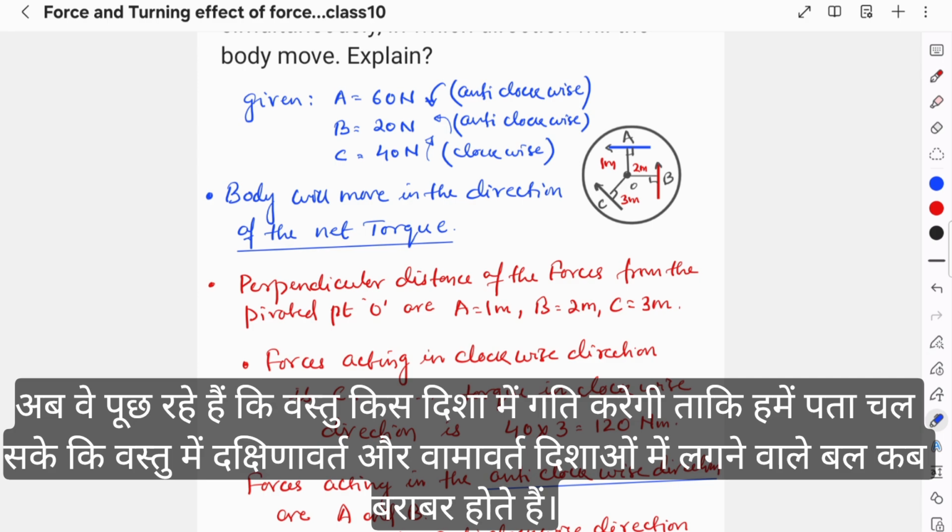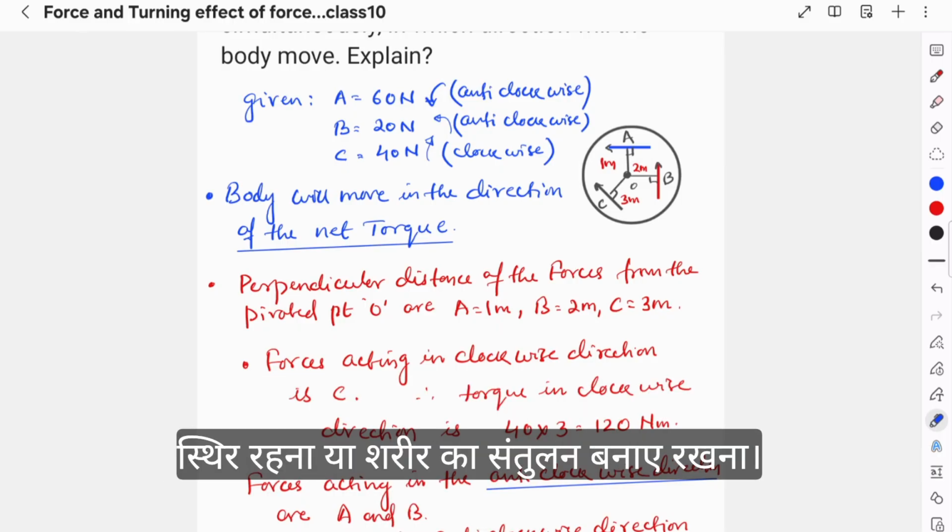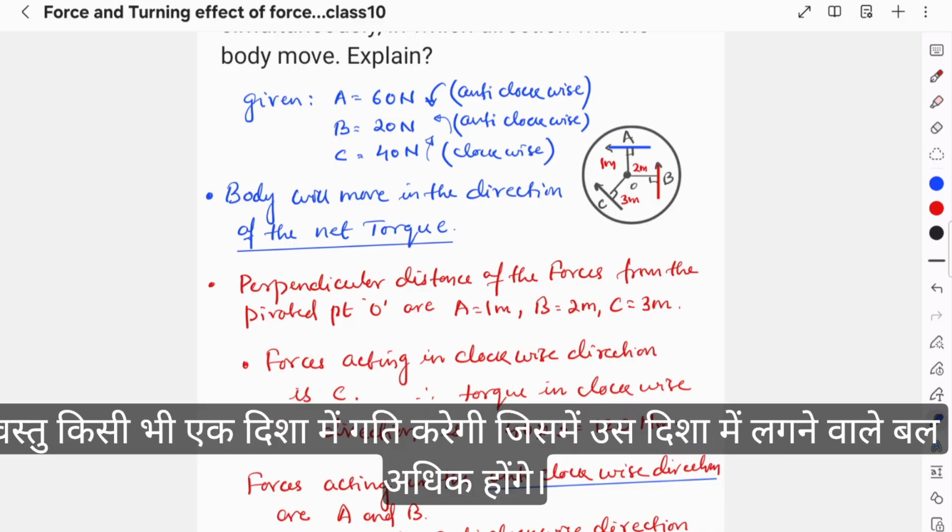So we know when the forces in the clockwise direction and anti-clockwise direction are equal, then the body remains stable, or the body is at equilibrium. The body will move in any one direction in which the forces acting are greater.